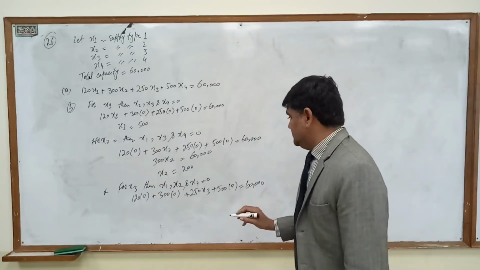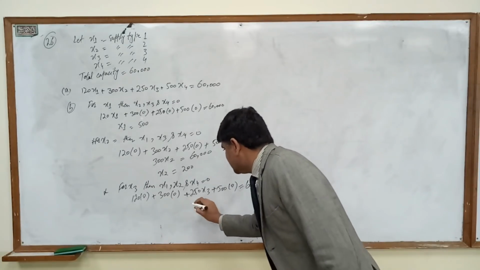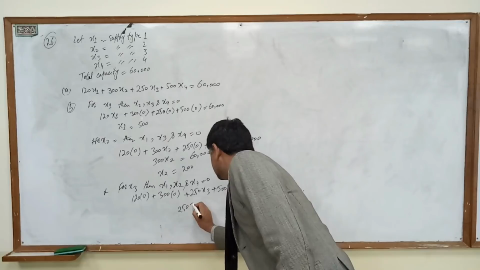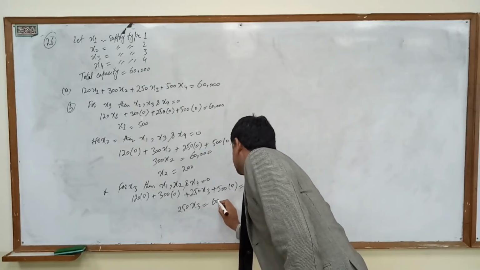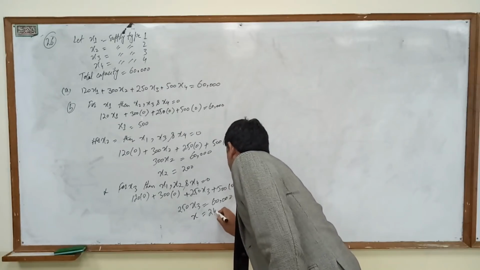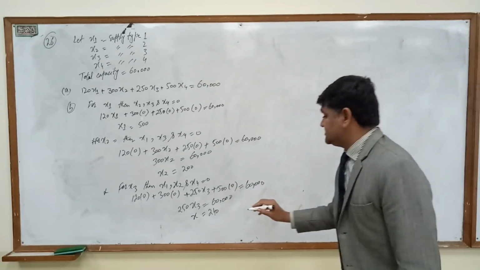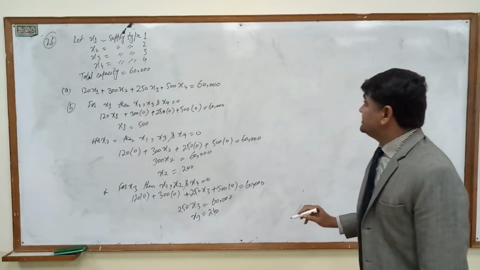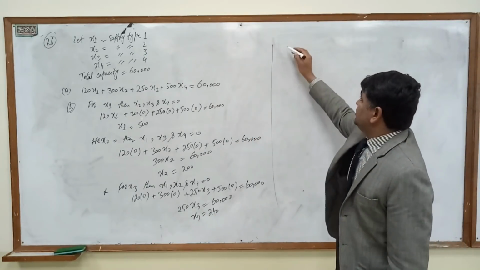So 250 x3 is equal to 60,000, which gives 240. X3 is equal to 240 containers.